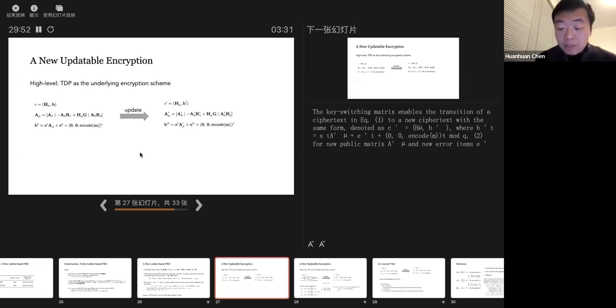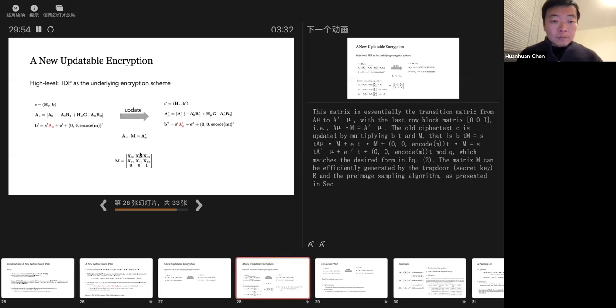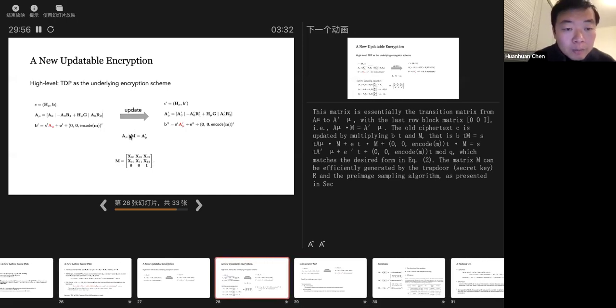How can we achieve that? We generate a small matrix M here. We want to ensure that A mu times the matrix M is actually equal to A mu prime.